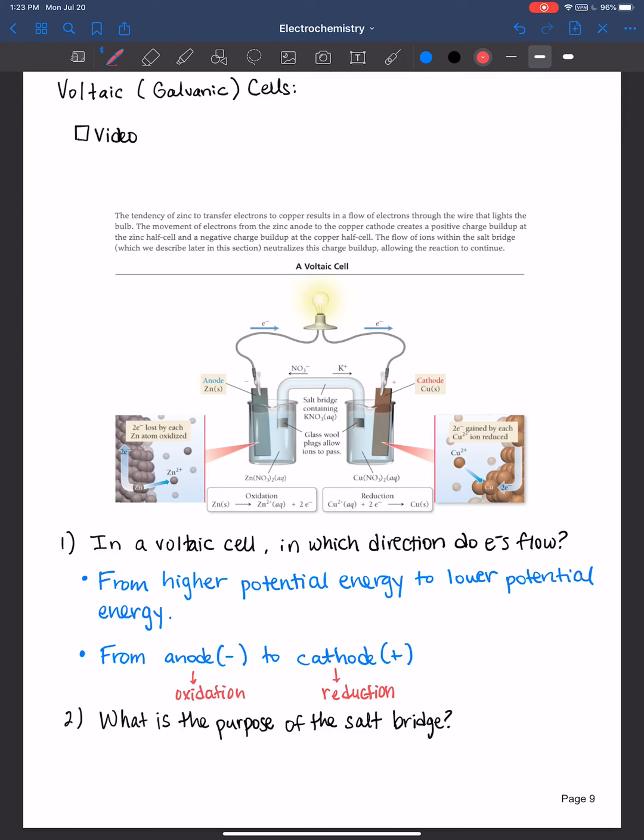So it's important that you can identify oxidation occurs at the anode, reduction occurs at the cathode, electrons travel from anode to cathode. What is the purpose of the salt bridge? The salt bridge completes the circuit, allowing electrons to flow.